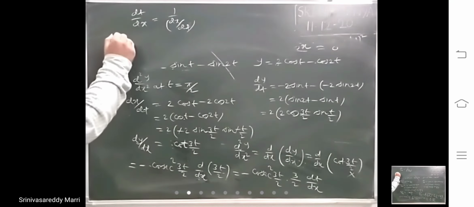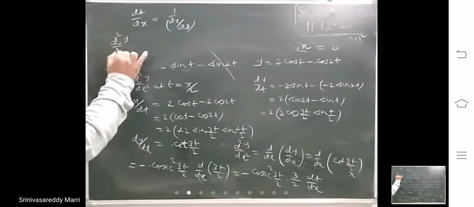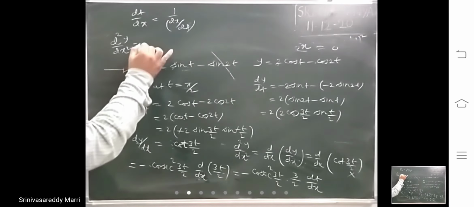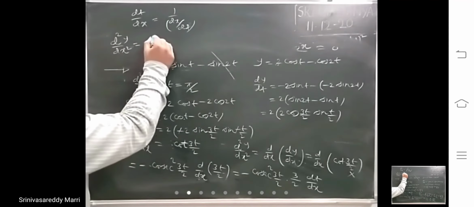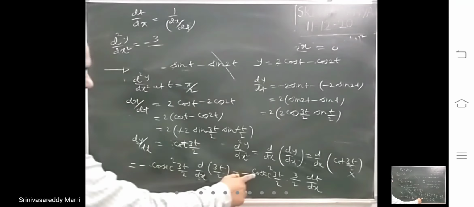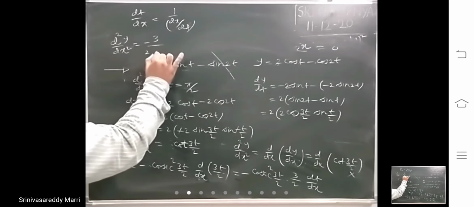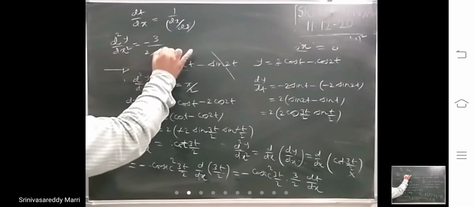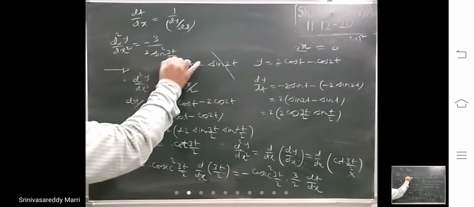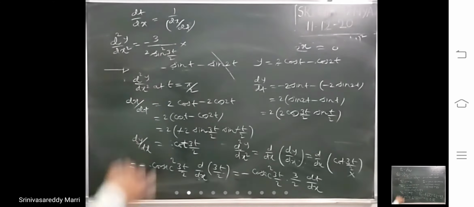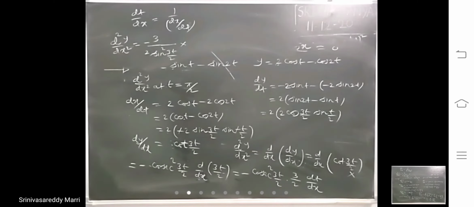Therefore d square y by dx square equals minus 3 by 2, cosecant square means 1 by sine square 3t by 2, into dt by dx, which is the reciprocal of dx by dt.